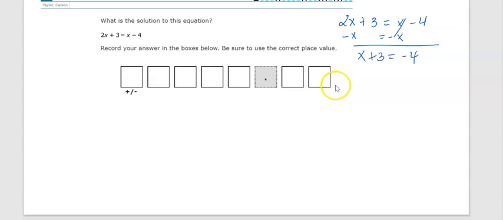And so then you have plus 3. You're going to subtract the 3 from both sides. This cancels, and then you get x is equal to negative 7. So on this, because it's negative, you have to put a negative sign here. And then this is your decimal. It's an integer, so you're just going to put the 7 right there.